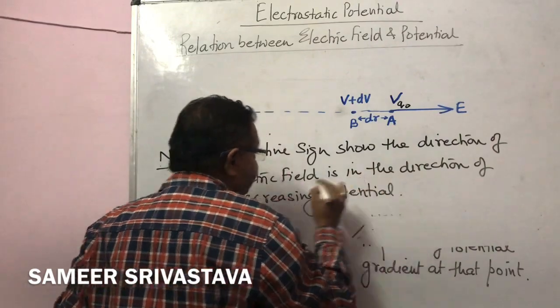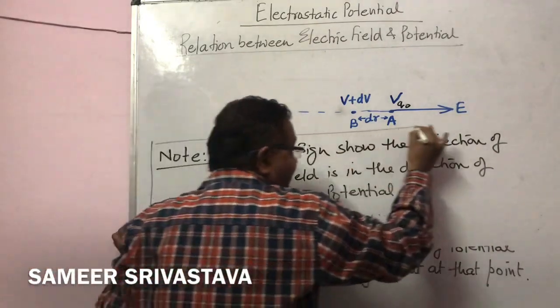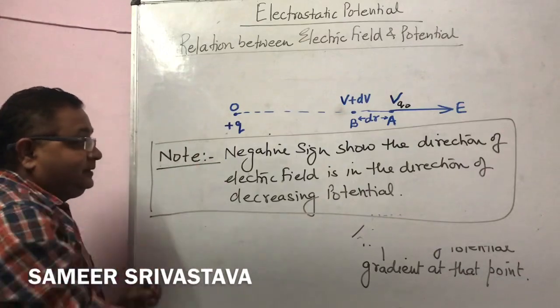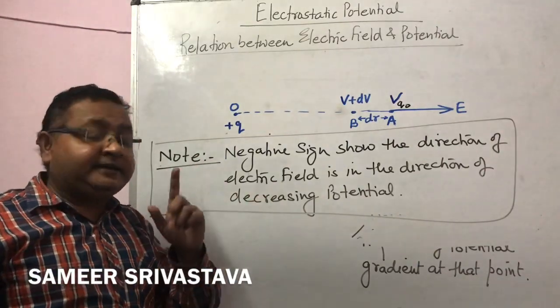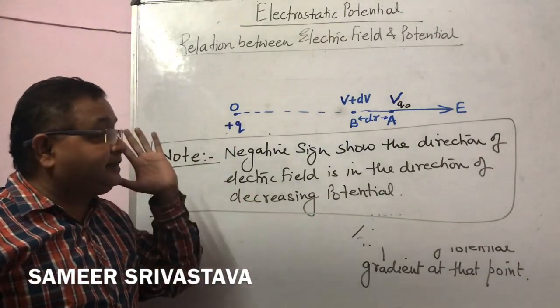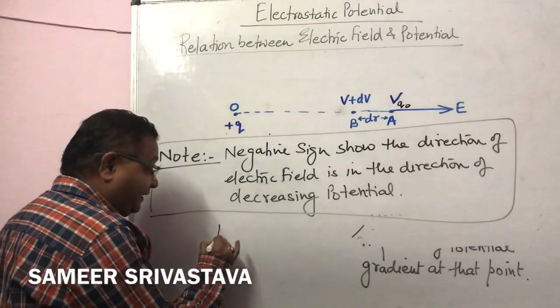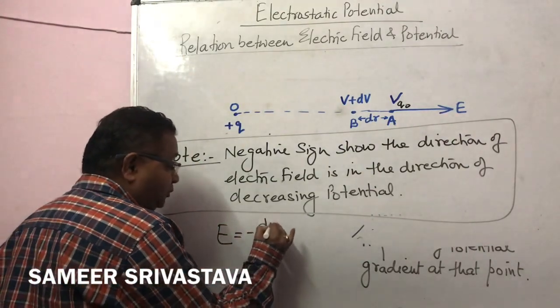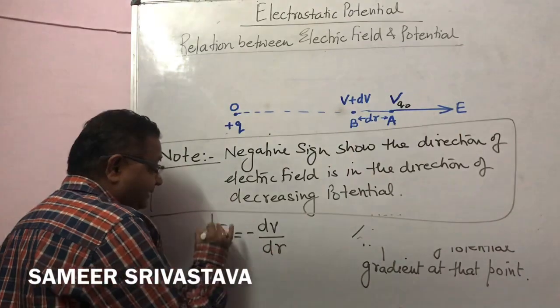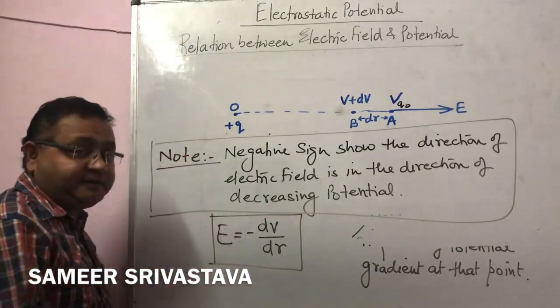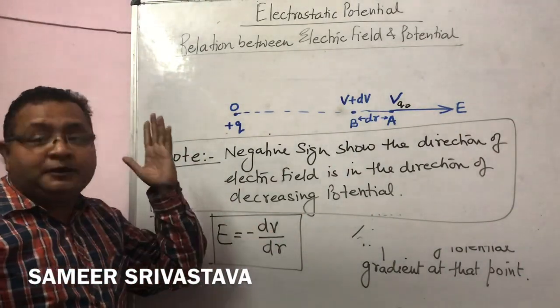Very important point. And what about the final relation? E is equal to minus dV upon dr. This is the relationship between electric field and potential.